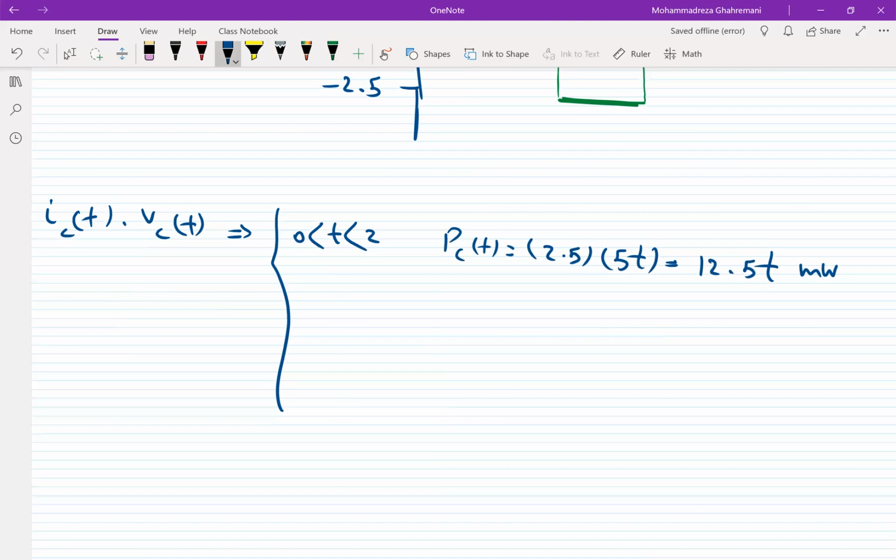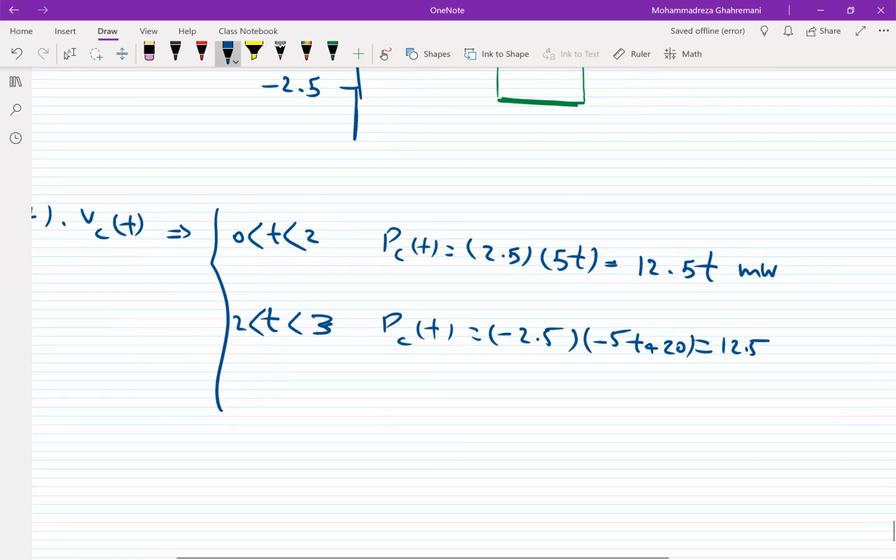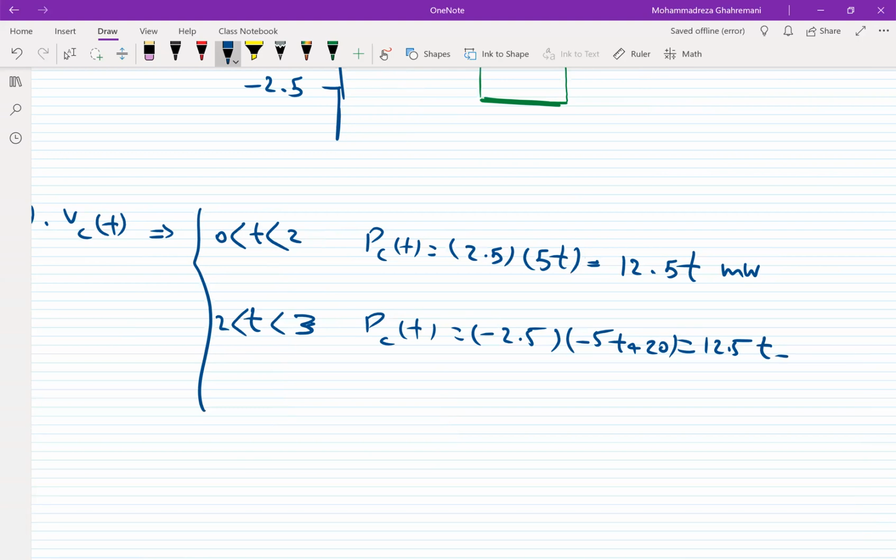For t greater than 2, less than 3, the power is equal to negative 2.5 times negative 5t plus 20, which is equal to 12.5 t minus 50 milliwatts.